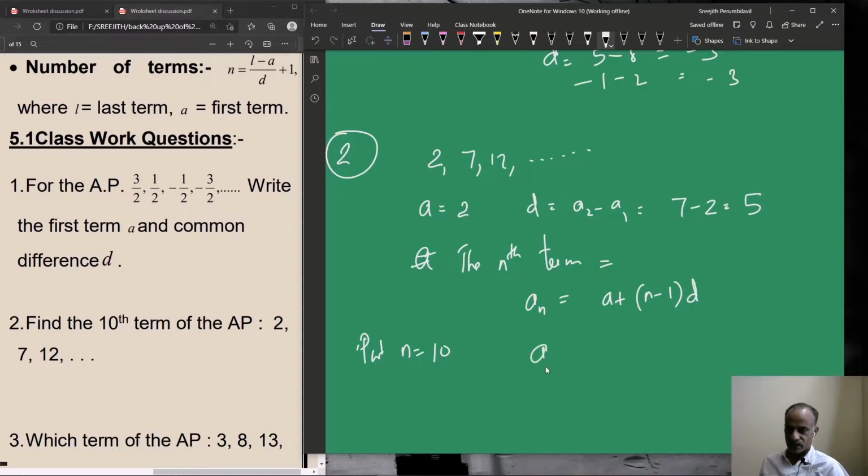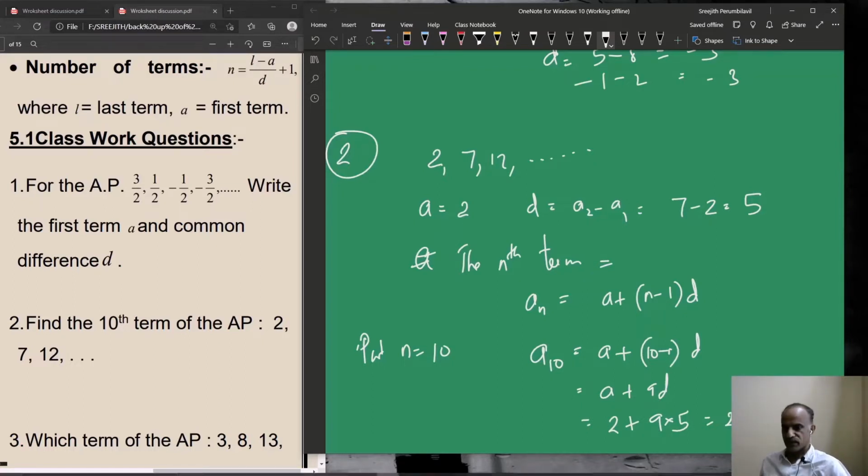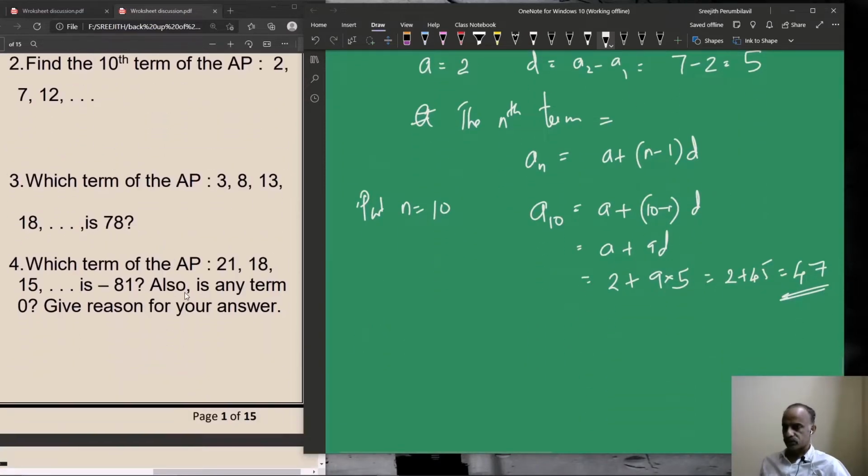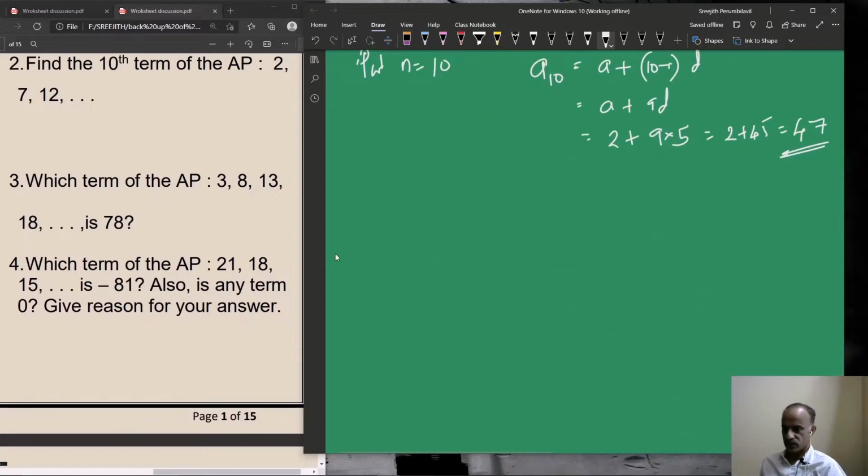We get A10 is equal to A plus (10 minus 1) into D, that is equal to A plus 9D. What is A? A is 2, plus 9 times D, which is 5, that is 2 plus 45, that is equal to 47. 47 is the 10th term.